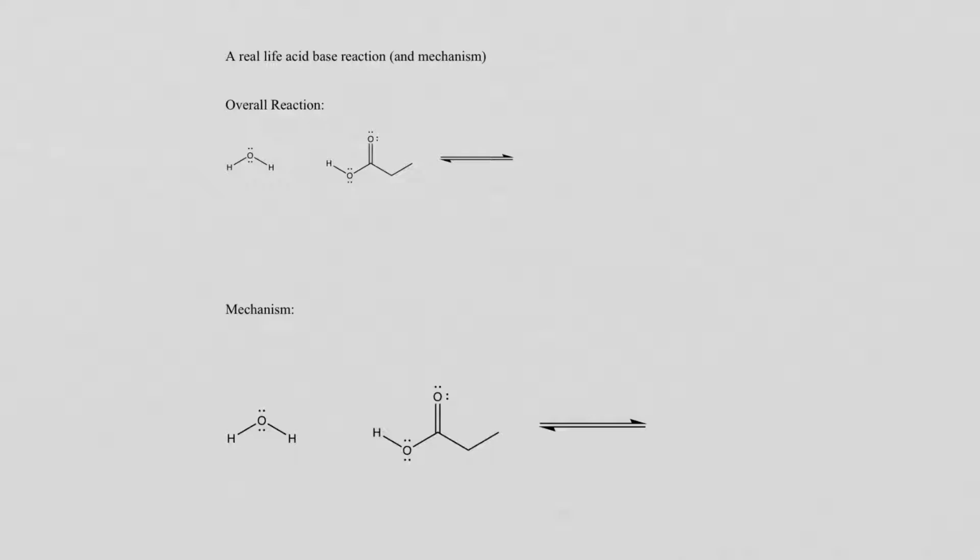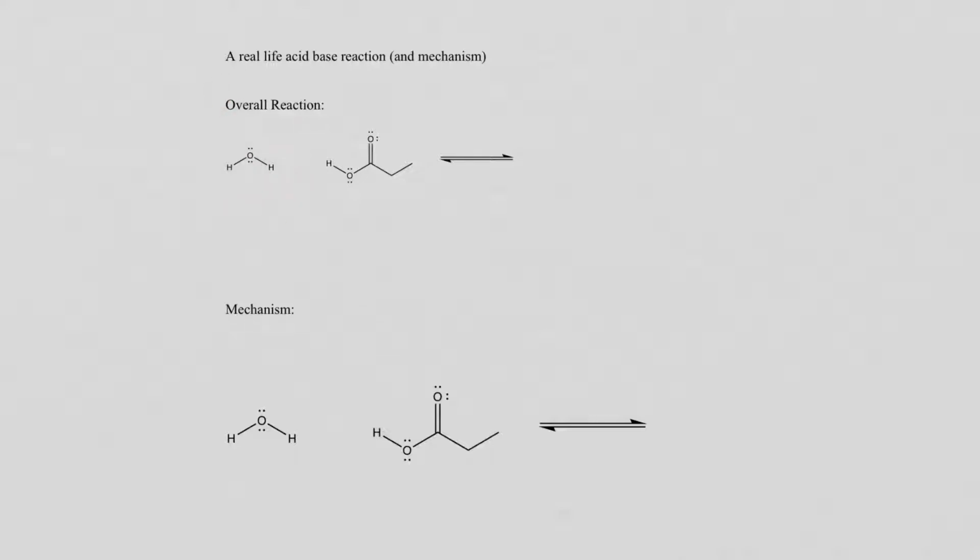We've talked a lot of times, interestingly enough, that water can be an acid or a base, and this is dependent on what it's present with. In this case, it's acting as a base since we have an acidic proton right here. So this substance is our acid. This substance is our base.